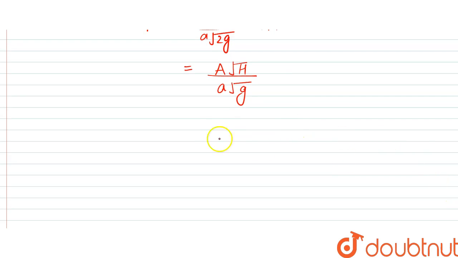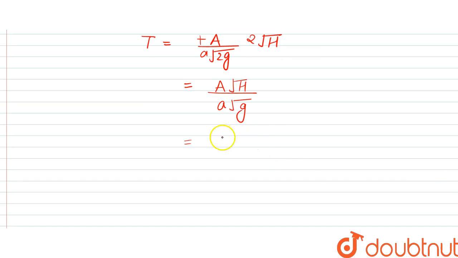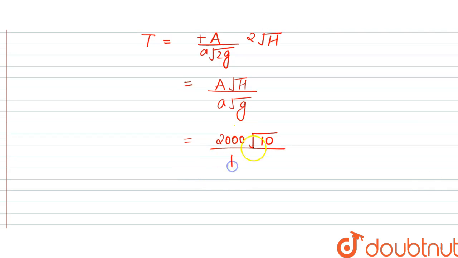When we substitute all the values here, since capital A is 2000 centimeter square, we have 2000 root over 10 by small a, which is 1, and root g is root 980.